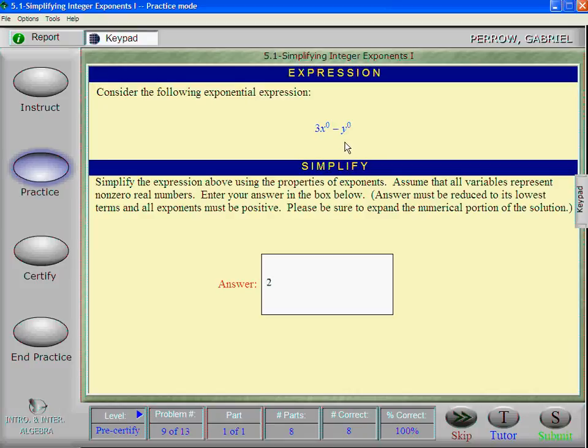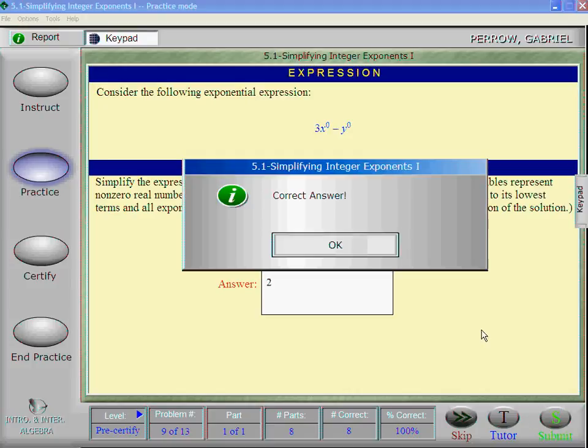So just remember, raising something to the 0 power makes that piece a 1. And in this case, you still have to take that 1 and multiply it with the 3. It doesn't affect the 3 with the 0 power. So the final result is 2 for this problem.